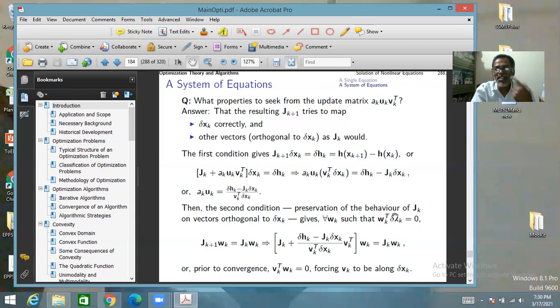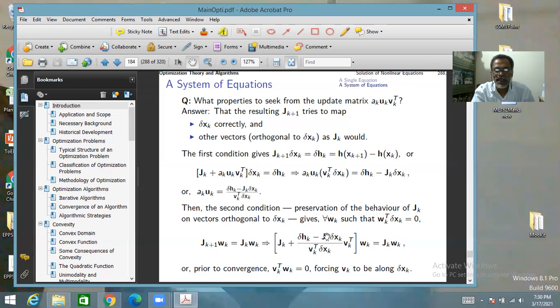So Vk is along delta xk. Along is good enough because any scalar multiple of delta xk, if you put, that will come here as well as here, and that scalar will get cancelled out. So as good as delta xk. So just put Vk equal to delta xk. And then you have got the update completely.